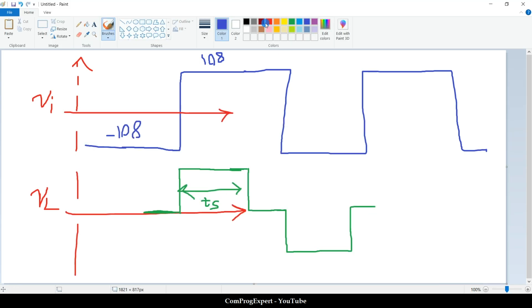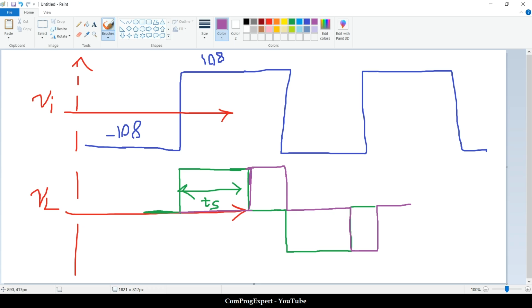And what is the load voltage? The load voltage is this one. Here in this interval it is 0, then it is equal to this one. Again, it is 0, and then it will be equal to this one, and so on.